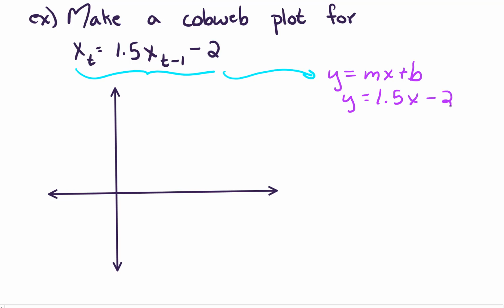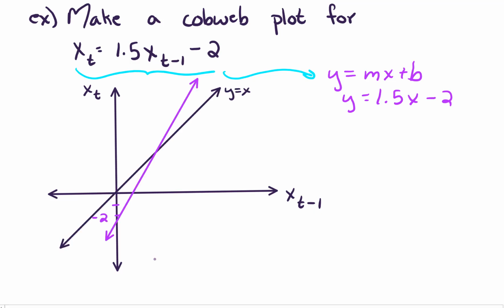And the reason why I'm making that connection is because our horizontal axis instead of x is x sub t minus 1, and the vertical axis instead of y is x sub t. So I've just relabeled things and viewed this through the lens of a slope-intercept form of a line. Okay, so I've got a y-intercept of -2, so that's somewhere down here. And that's roughly a good plot.